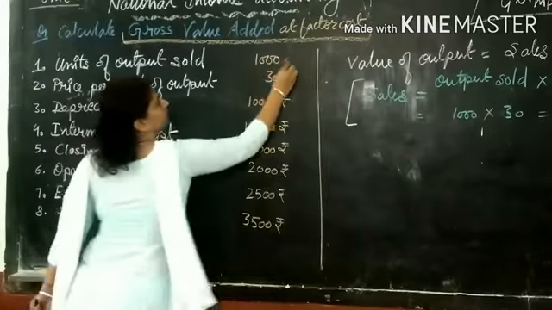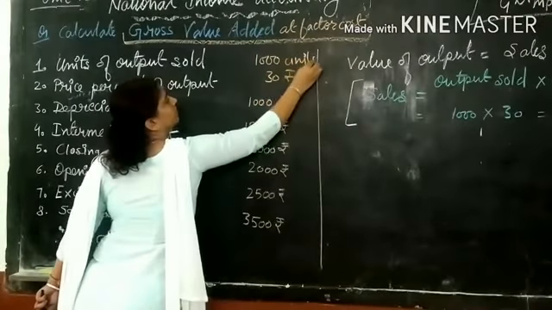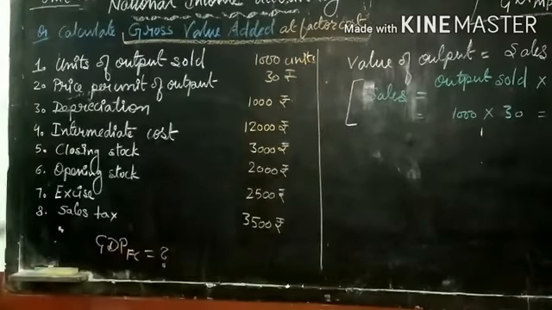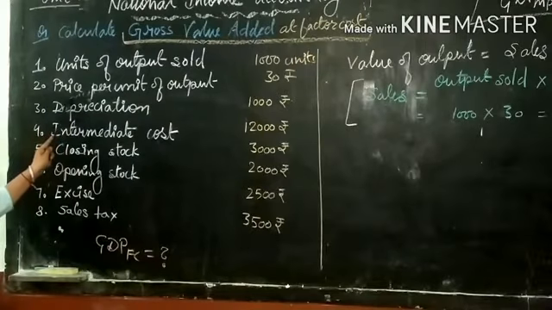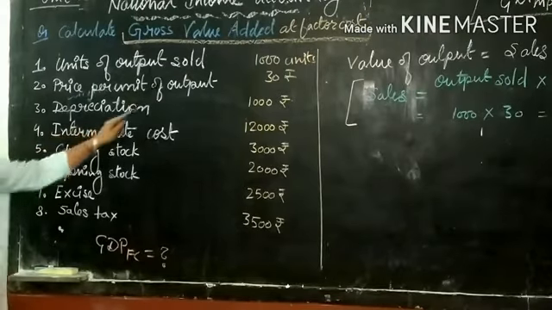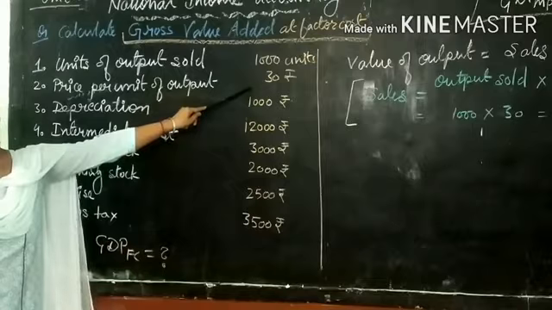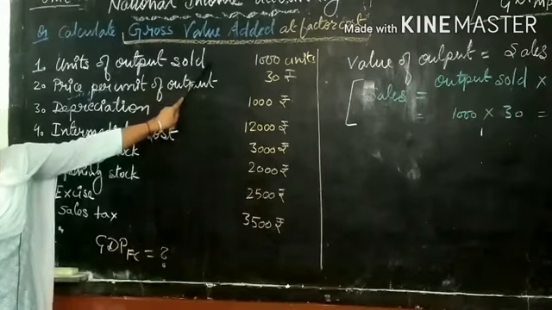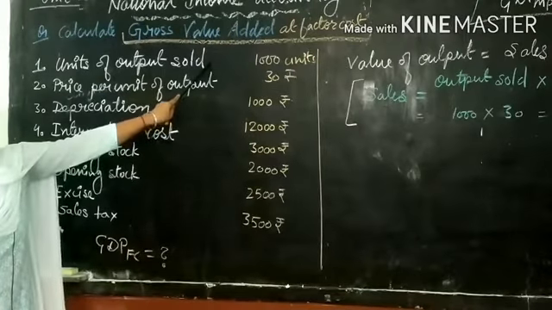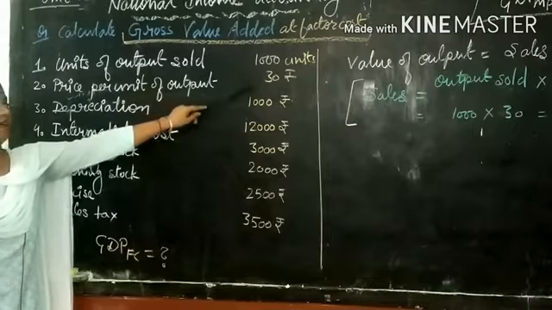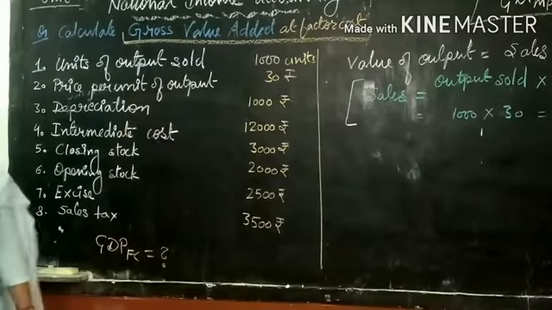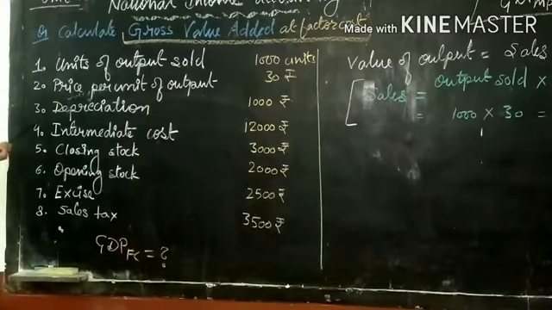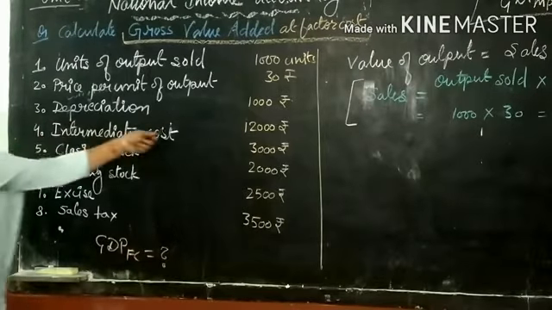Second, price per unit of output, which is 30 rupees. Third, depreciation is 1000 rupees.